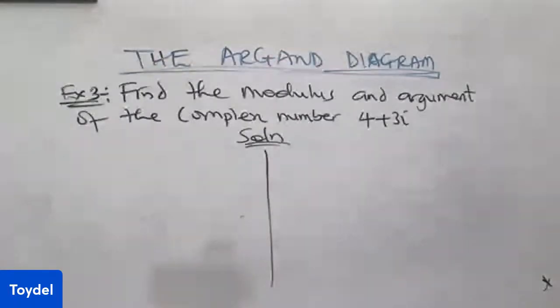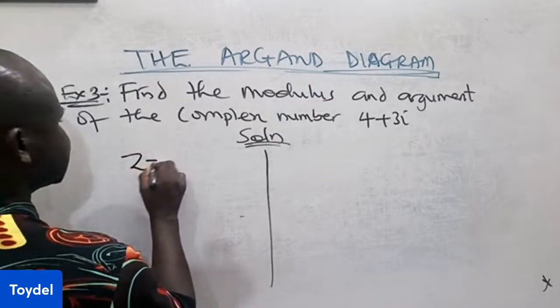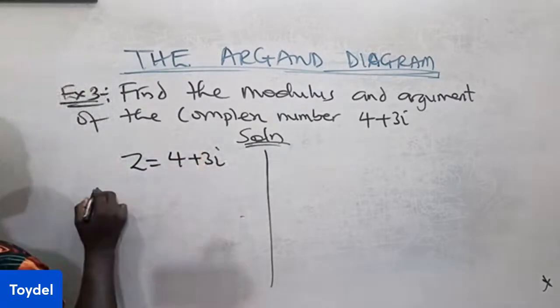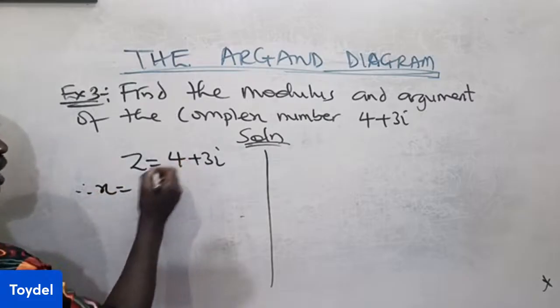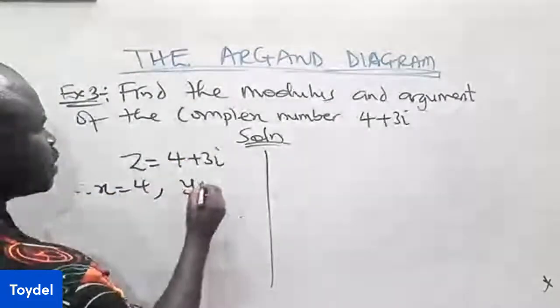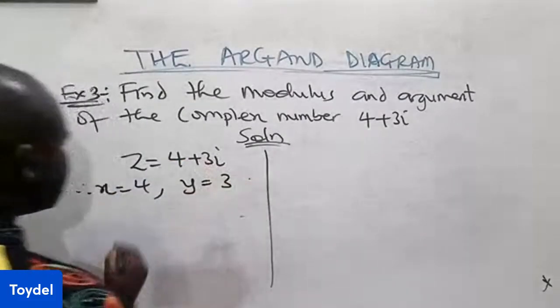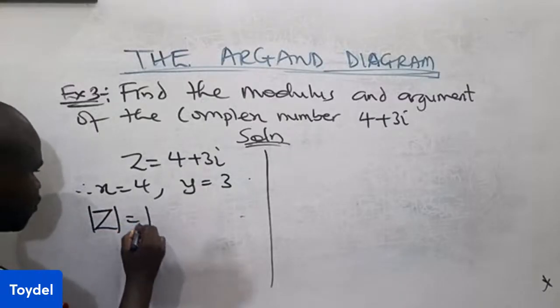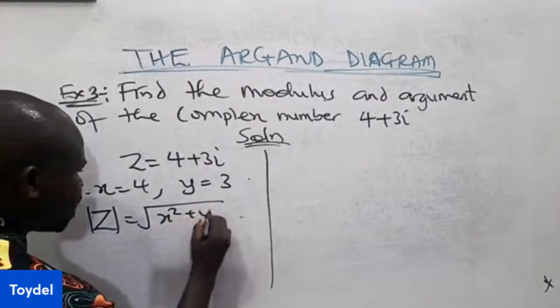So how do we find the modulus and the argument of this complex number? Of course, the complex number z is given as 4 plus 3i. In this case, x, which is the real part, is 4, and y, which is the imaginary part, is 3. So the modulus by formula is the square root of x squared plus y squared.